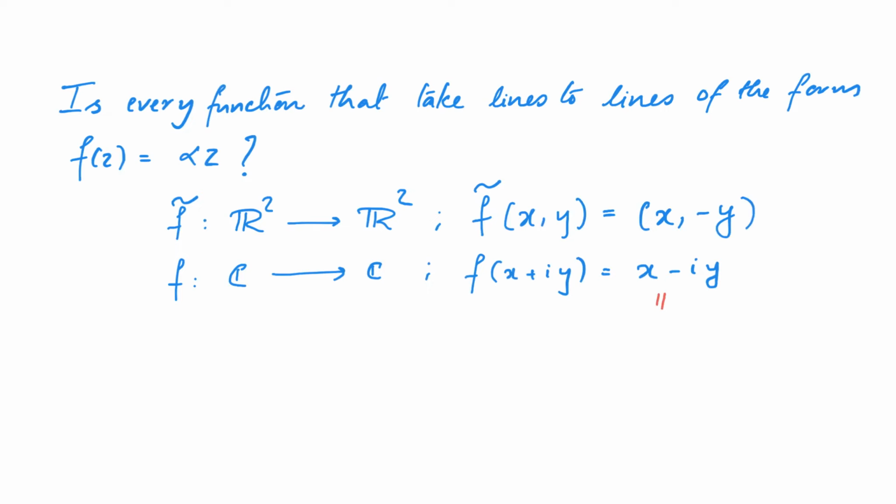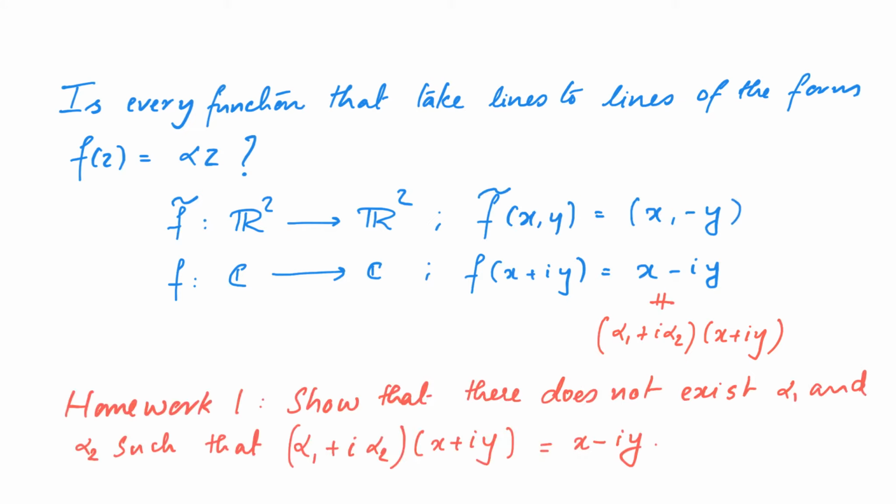However, I claim that this function is not of the form (alpha 1 plus i alpha 2) times (x plus iy). I won't go into the proof of this, but it is just a computation and I leave it as homework. More precisely, I want you to show that there do not exist alpha 1 and alpha 2 such that (alpha 1 plus i alpha 2) times (x plus iy) is equal to x minus iy.